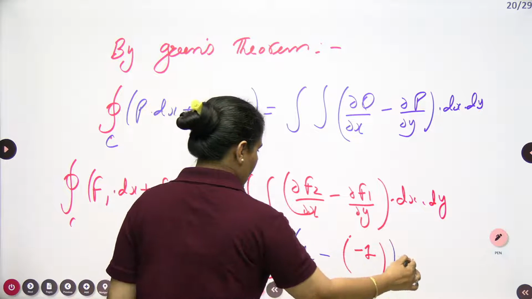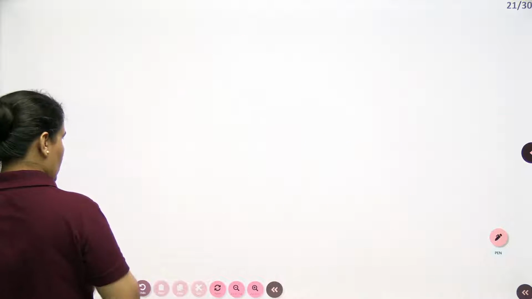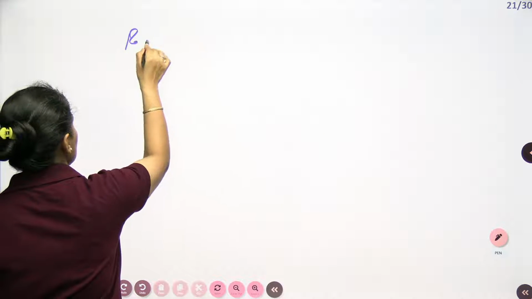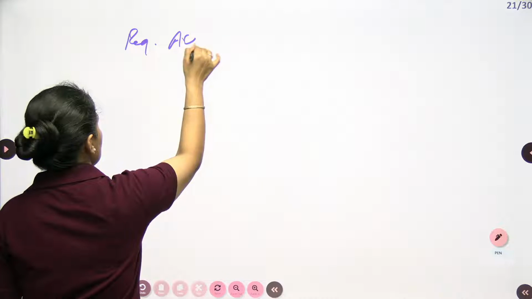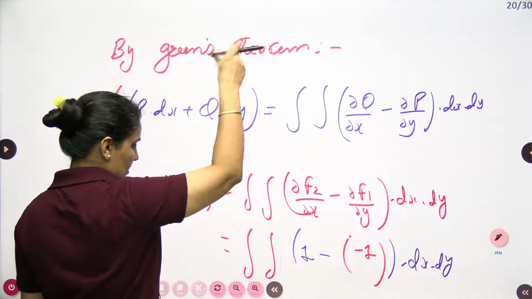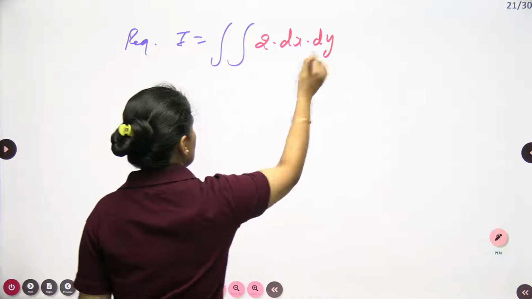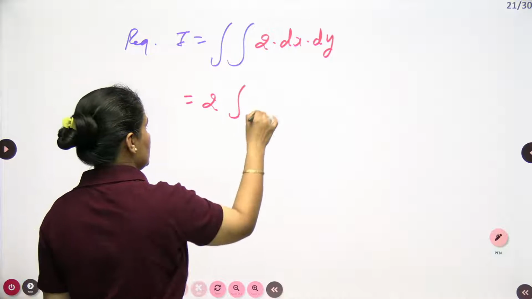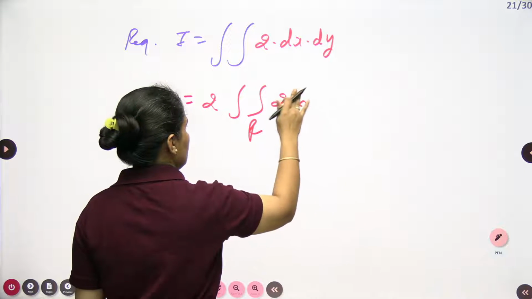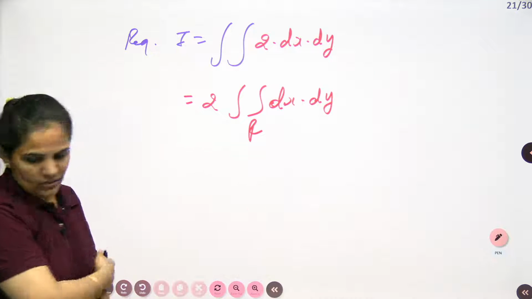Minus minus 1 is 1 plus 1, so you can solve this one as the required I equals double integration of 2 dx dy. So 2 you can take outside.